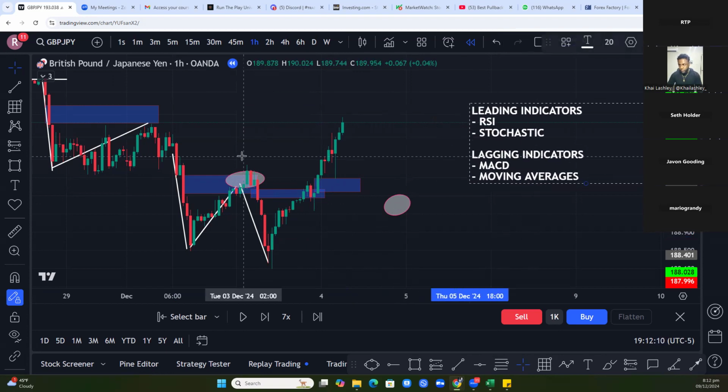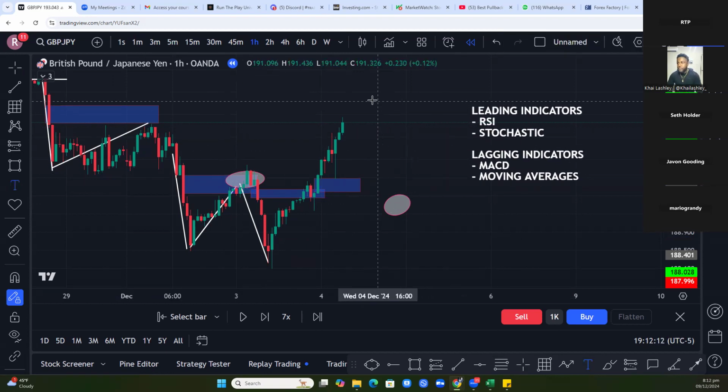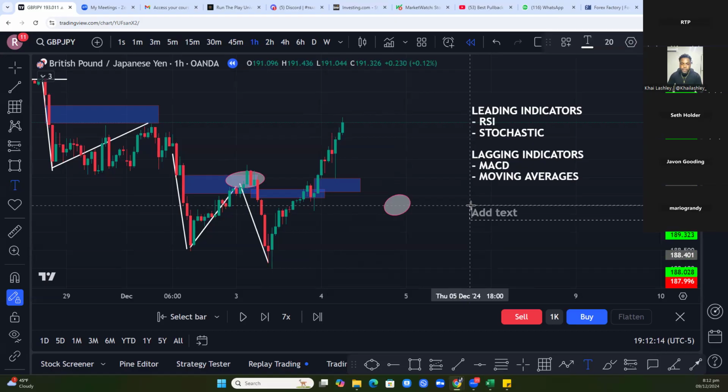So if you're just joining in on this recording, we were talking about the fair value gaps, also known as FVG. This is also in your academy, also in the university, also known as imbalance.